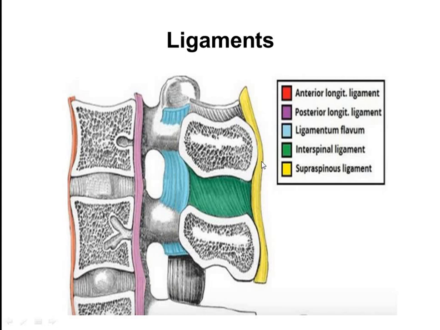And at the posterior end of the vertebral spine are the supraspinous ligaments. So all these ligaments basically help in supporting the vertebral column. Of course, the vertebrae are joined to each other by various joints, but definitely the ligaments are also a must to provide stability.